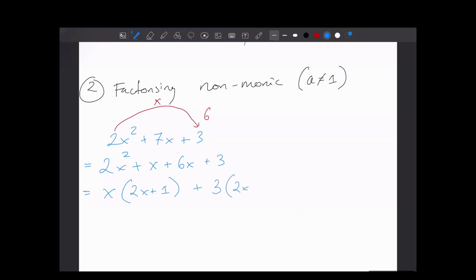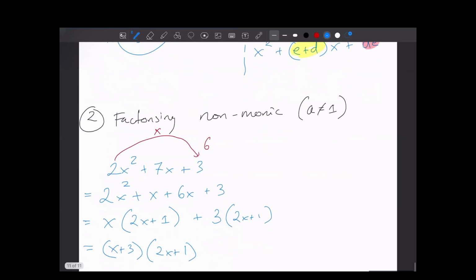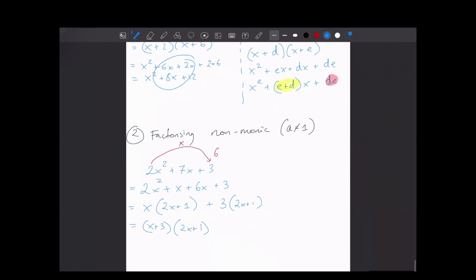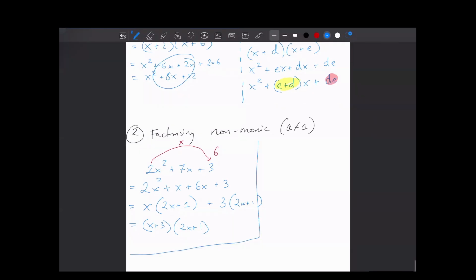And again, we get 2x plus 1. And then it would equal bracket x plus 3, bracket 2x plus 1. Good. We can factorize out this 2x plus 1, and we would get this. Okay, very nice.